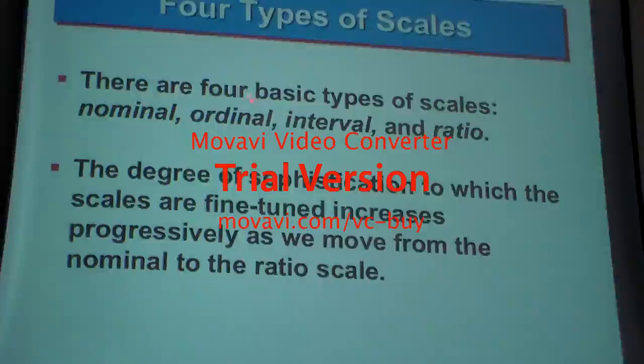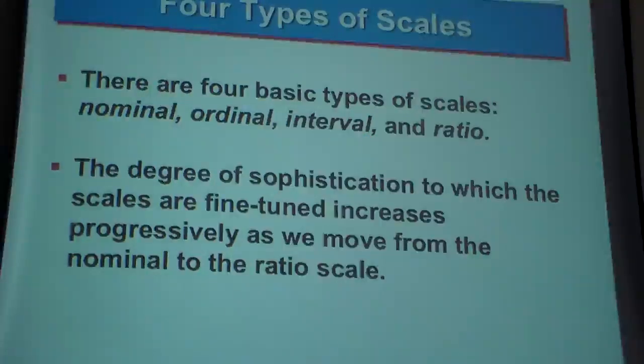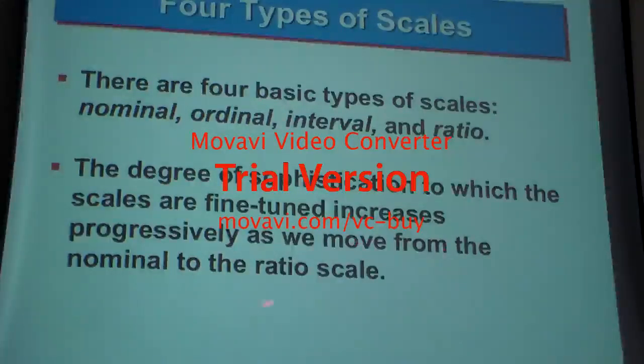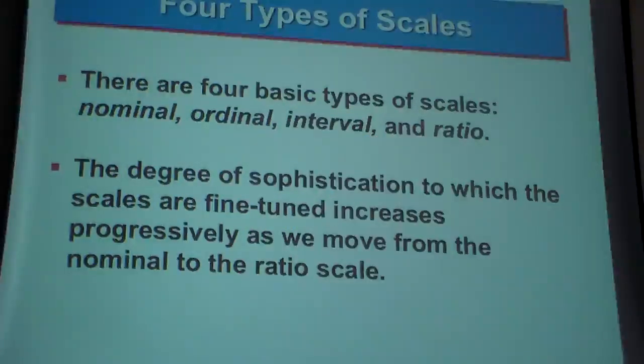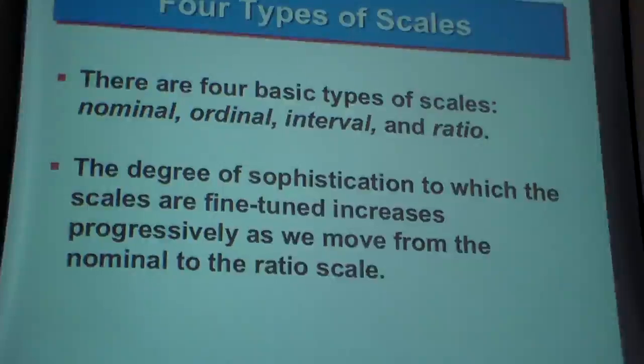Interval is more sophisticated, and ratio is the most sophisticated. So the degree of sophistication to which the scales are fine-tuned increases progressively from the nominal to the ratio scale. So this is the most sophisticated, and this is the easiest. Interval and ratio we will see now.